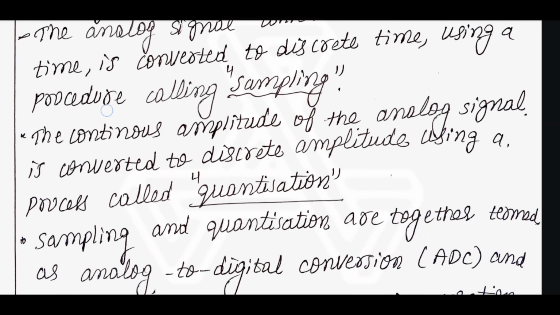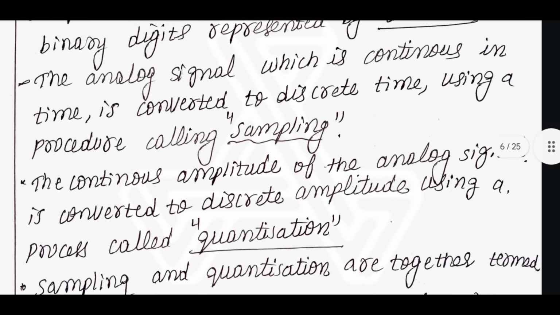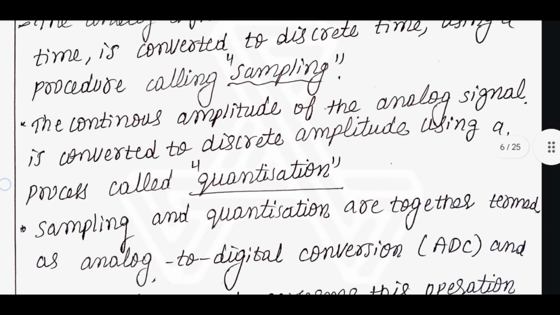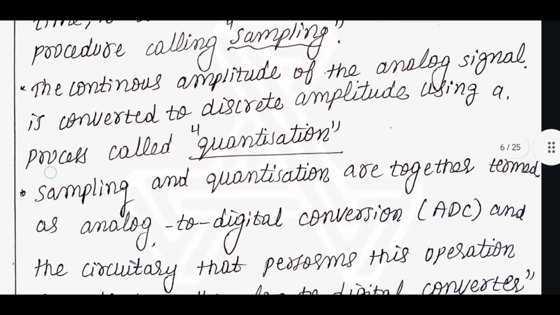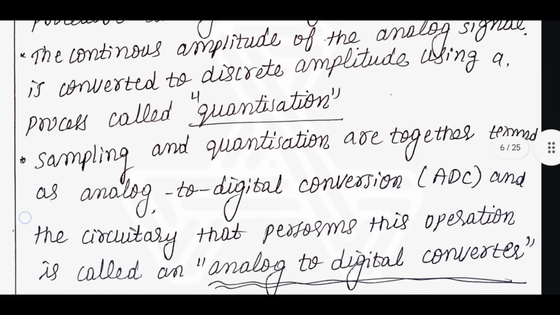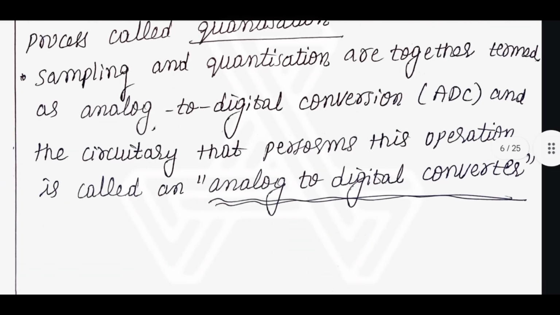The continuous amplitude of the analog signal is converted into discrete amplitude using the process called quantization. Sampling and quantization are together termed as the analog to digital converter, that is ADC, and the circuitry that performs this operation is called the analog to digital converter.